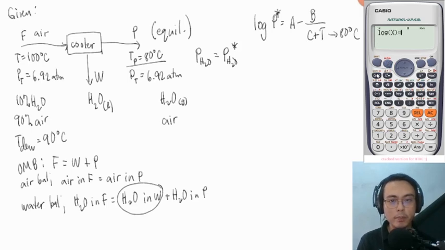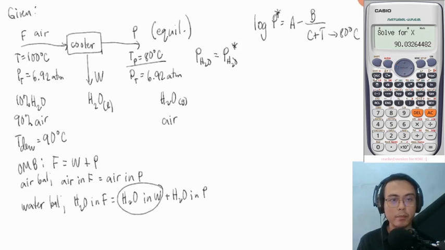Is equal to A is 8.07131 minus B, 1730.63 over C, 233.426 plus X. Plus 80. So our unknown is the pressure.